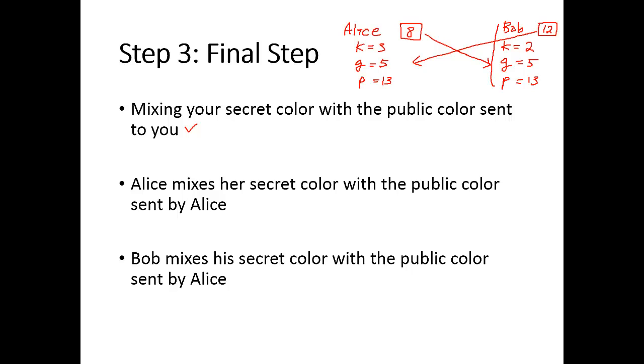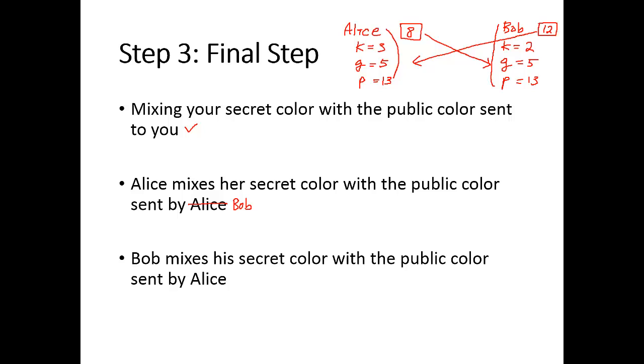So the next step here is, for example, Alice mixes her secret color with the public color sent by, oh, it's a typo, Bob here. So in this case, Bob sent to Alice number 12, right?